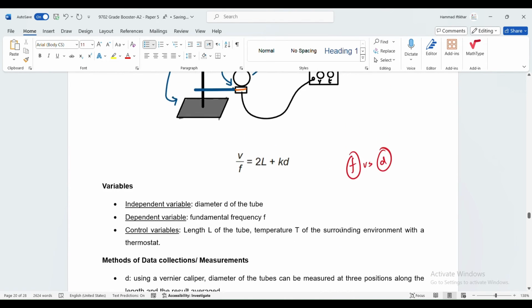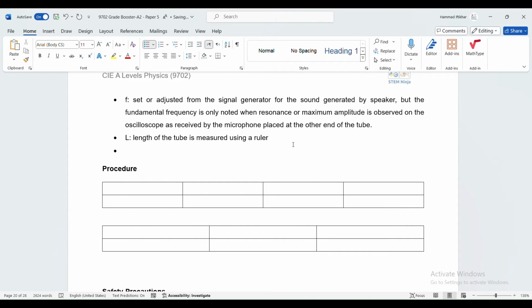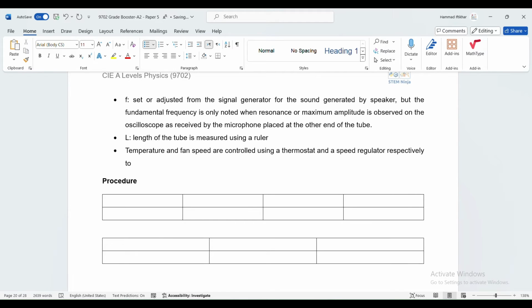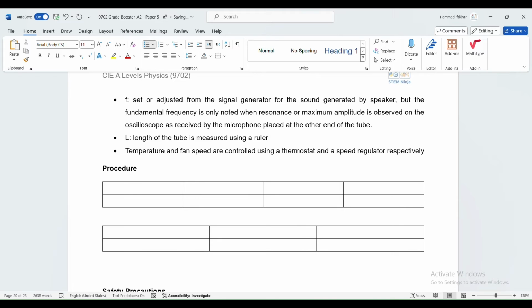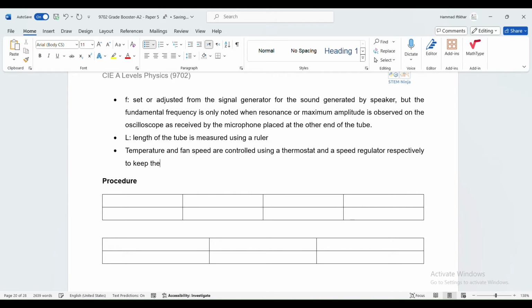And what else do we have? Temperature and fan speed are controlled using a thermostat and speed controller, speed regulator, respectively, to keep the speed of sound relatively constant for the experiment.